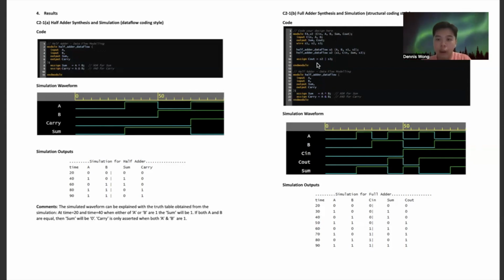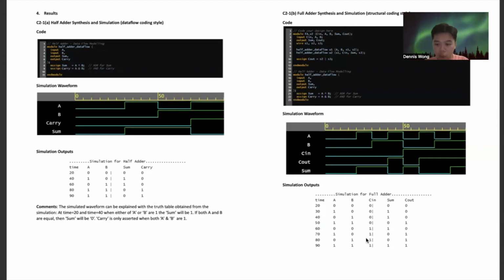A full adder, on the other hand, is basically two cascaded half adders, so the behavior is very similar. A full adder has an additional input signal called the C in, which is the carry in to the first adder.